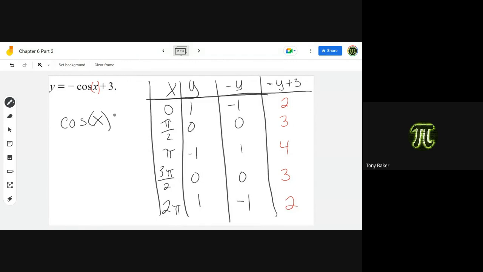We'll say this answer is M. We'll just make a letter up, it's M. So Y is negative M plus 3. So whatever this answer is, which is that column right there, that's what I'm doing the negative and the 3 to. That's why I'm doing it to the Y, because in essence, that's the answer of cosine of X. Okay?